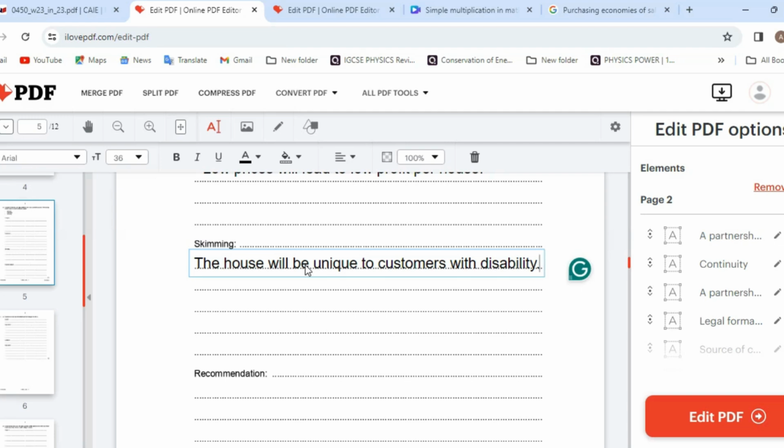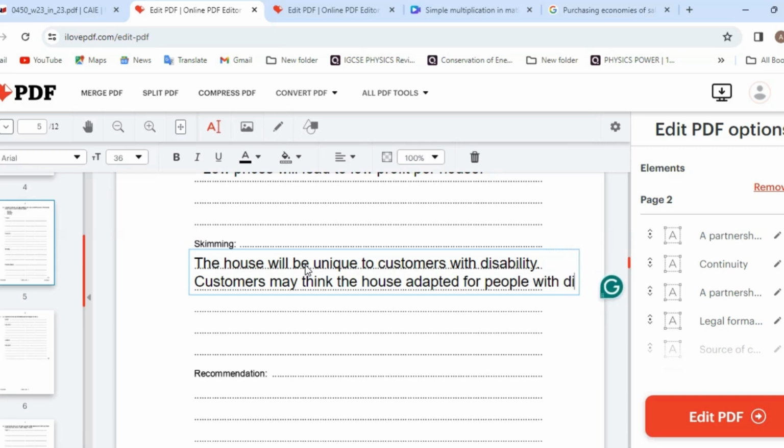And also customers may think the house adapted for people with disability is of high quality.